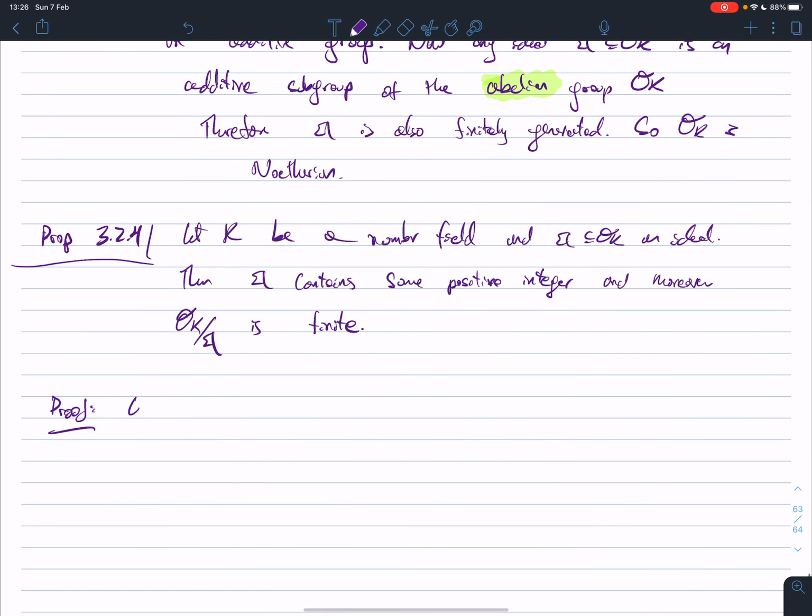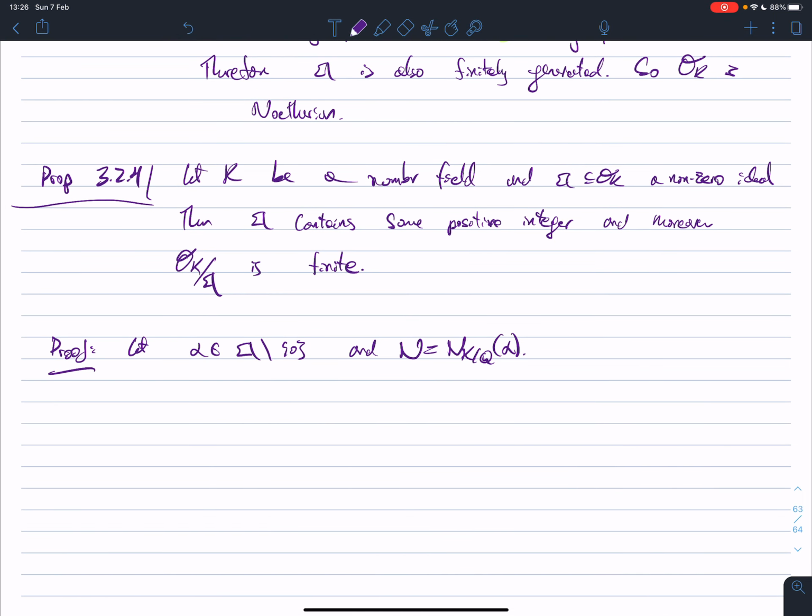So I'm going to pick some element alpha in your ideal, different from 0. Let's assume that A is a non-zero ideal, so I can find some element in my ideal that's not 0. I'm going to let n just be its norm, the norm from K to Q of alpha. Then I claim that this n is contained in this ideal.